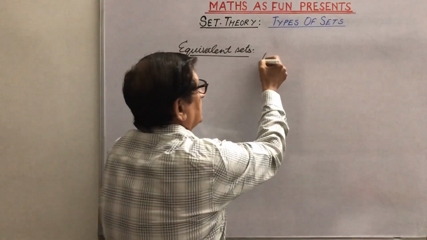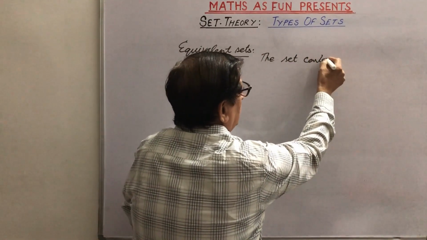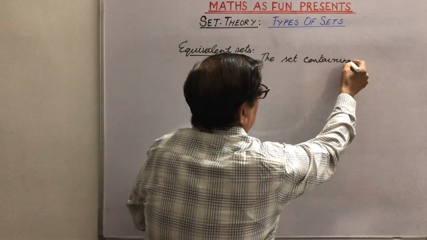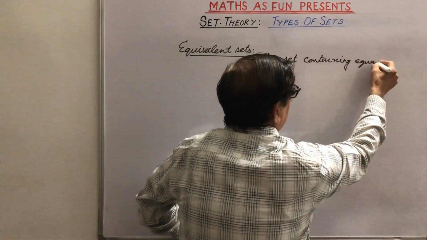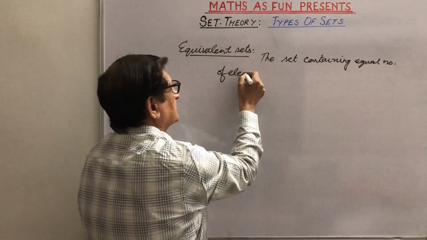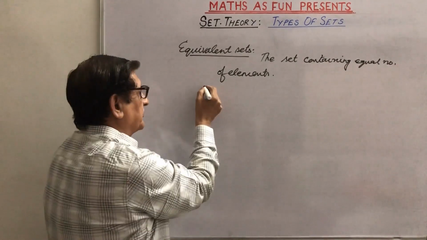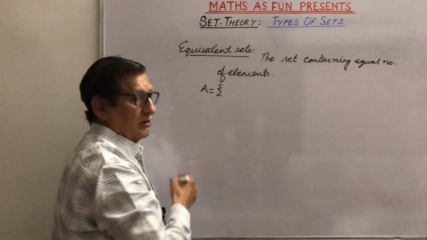So we say the sets containing equal number of elements are equivalent sets.